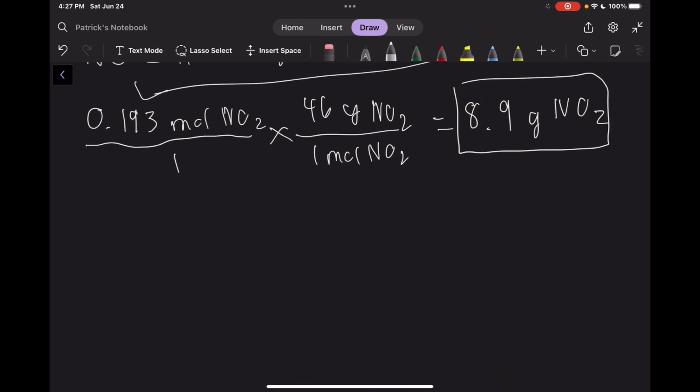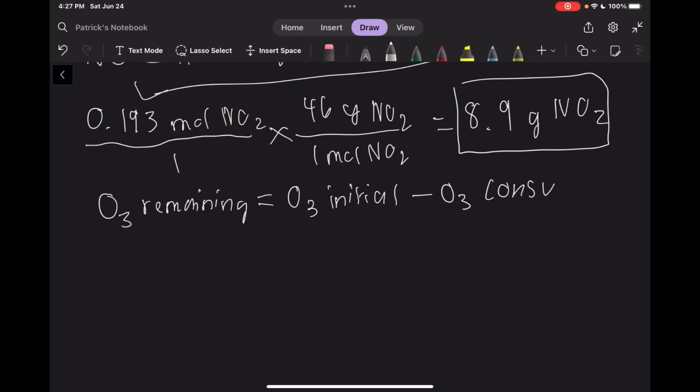The last part of this question, part C, wants us to find the amount of excess reactant which remains. Because nitric oxide is the limiting reactant, we know that ozone is the excess reactant. Now, the amount of ozone remaining is going to be the initial amount of ozone minus the amount of ozone which is consumed in the reaction.